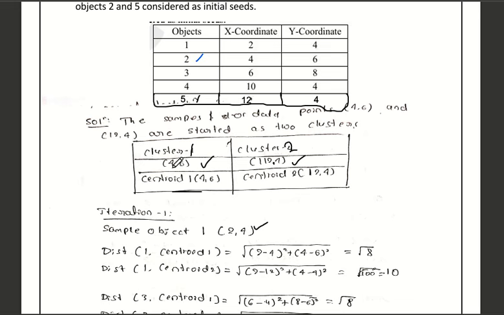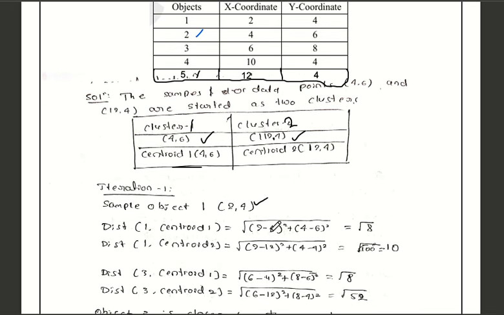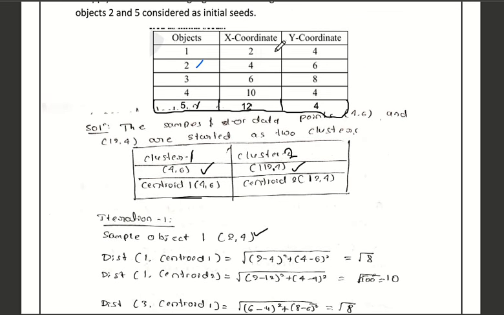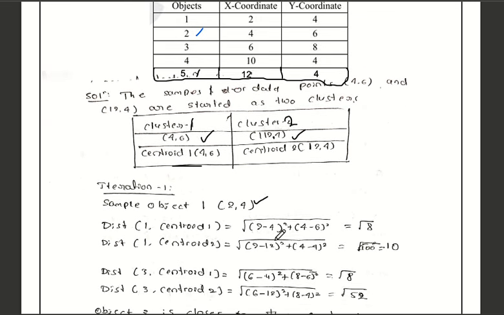Here x2 is 4 and y2 is 6. So 4 minus 2, then 6 minus 4, I have written here. You can also take it in reverse, 2 minus 4 whole square plus 4 minus 6 whole square, and you will get root of 8.